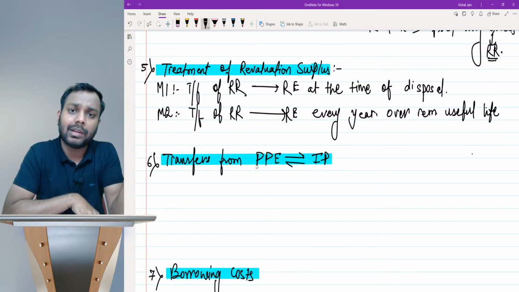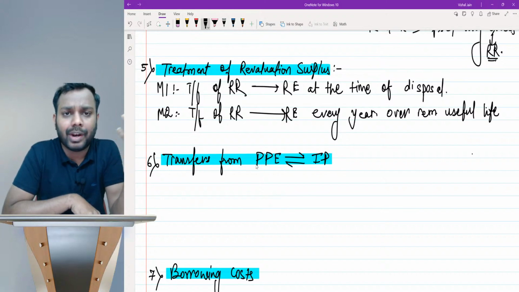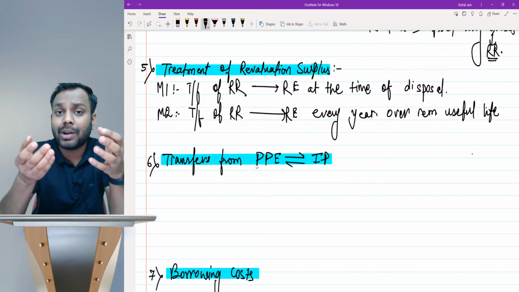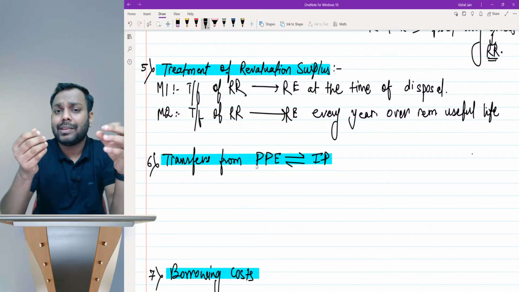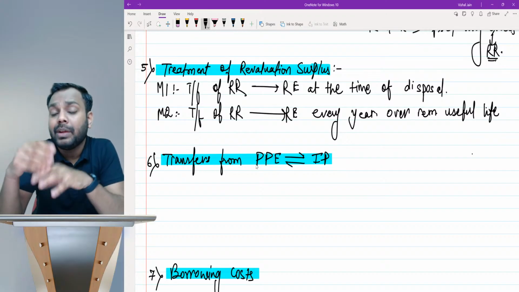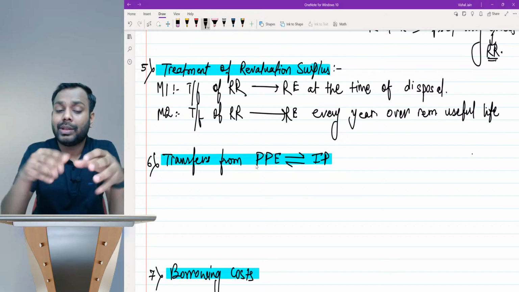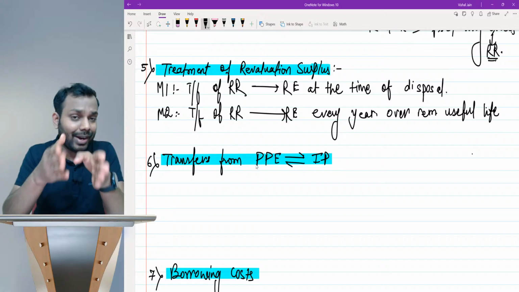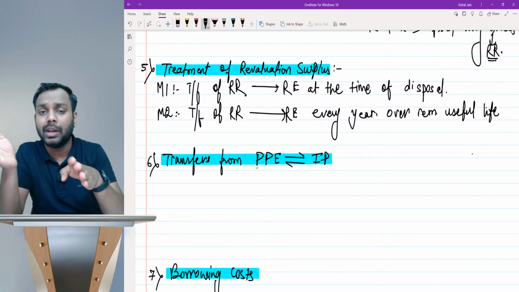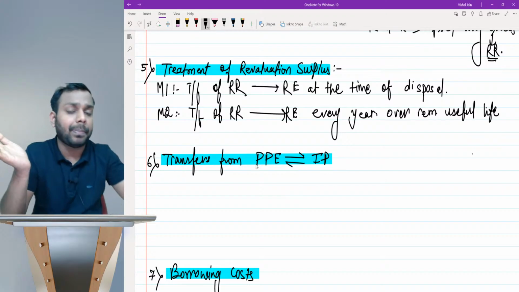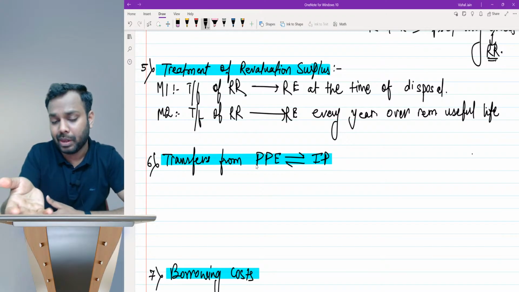First, earlier the property was given on rental, right? Now the property is not given on rental. Now the property is held for self-use, and the entity has started using the property for self-use. So then you can say yes, there is evidence, and we can transfer property, plant, equipment to investment property, or investment property to property, plant, equipment, as the case may be. Right?